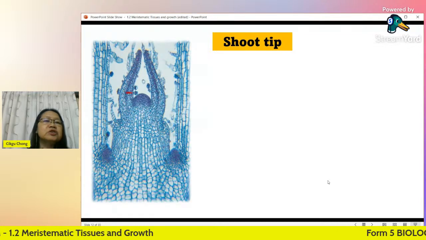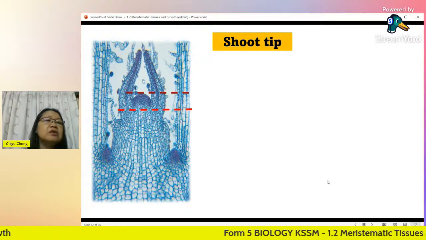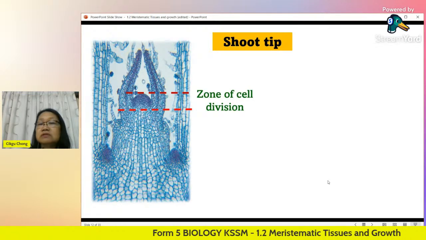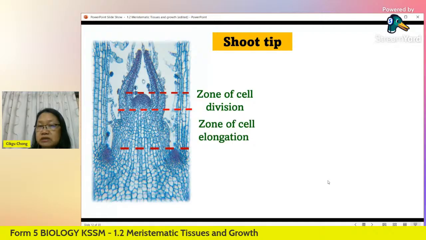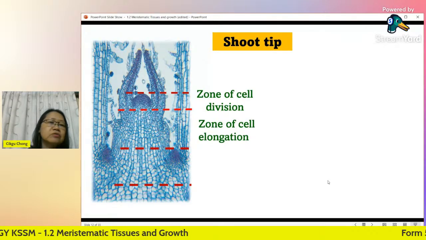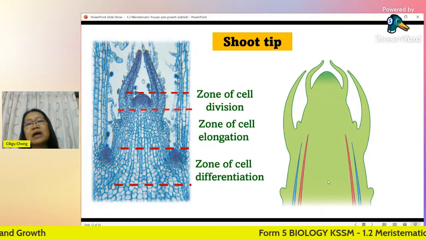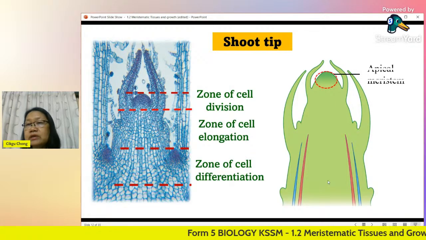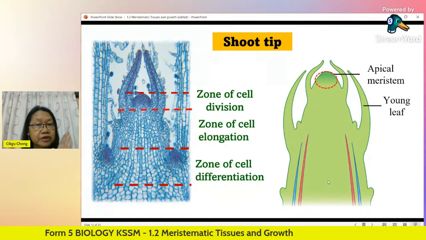Now here is the shoot tip. These are pictures taken under the microscope. If you were to label the zone of cell division, here it is. The next one here is the zone of cell elongation, and after that you will have the zone of cell differentiation. This is a diagram form, same thing. This is the apical meristem, and you have the young leaf here at the side.